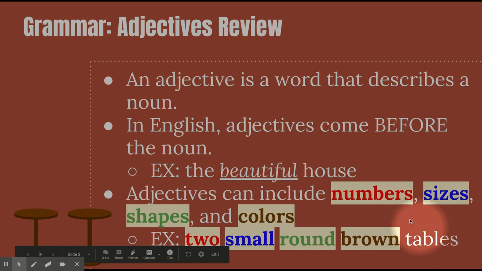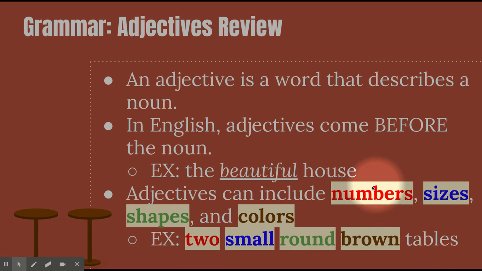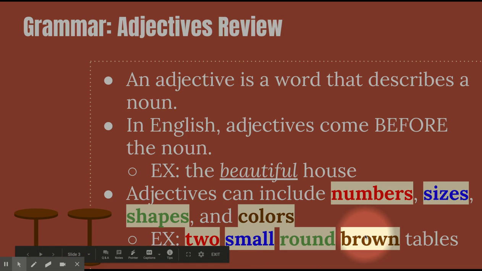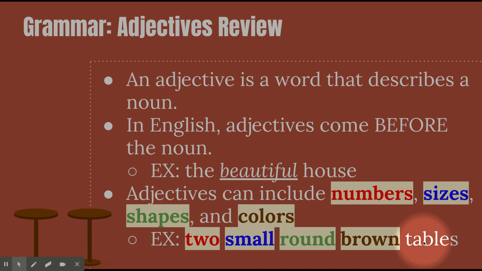And remember, for the order, numbers always come before sizes. Sizes come before shapes, and shapes come before colors. So here we have two small, round, brown tables. You have 1, 2, 3, 4 adjectives to describe the noun table.